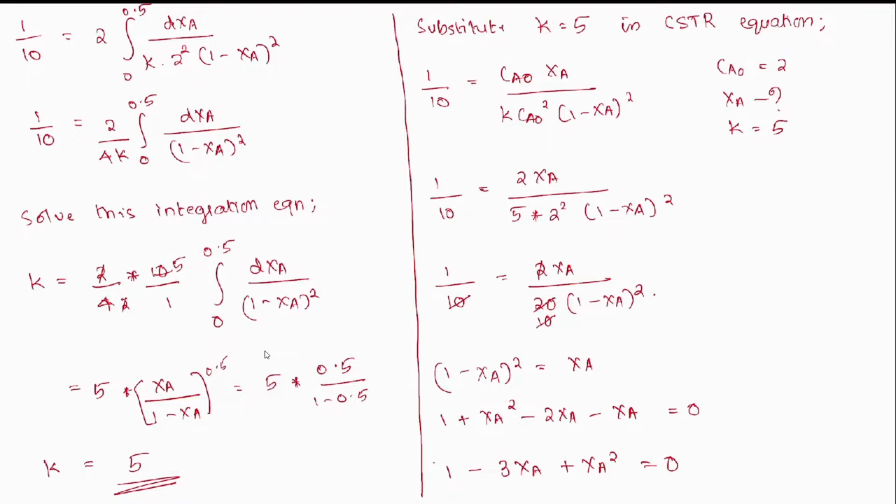Solving this quadratic equation, we'll get two solutions. So let's see how we can do it. 1 minus 3Xa plus Xa square is equal to 0. We can get Xa as minus b plus or minus root of b square minus 4ac by 2a, where a, b, c are the coefficients of Xa square, Xa and the constant respectively.